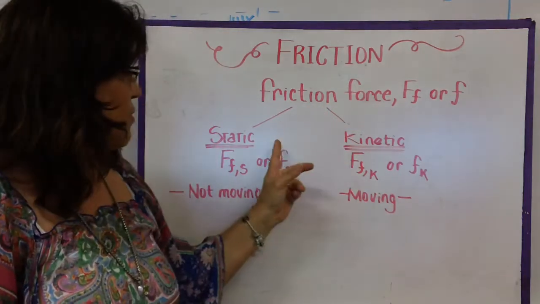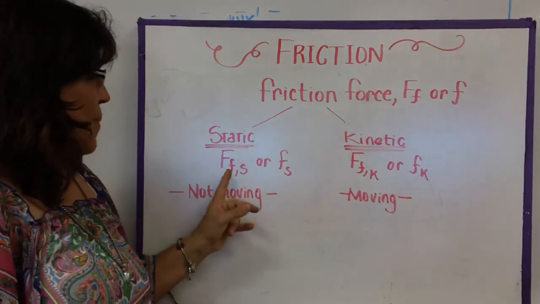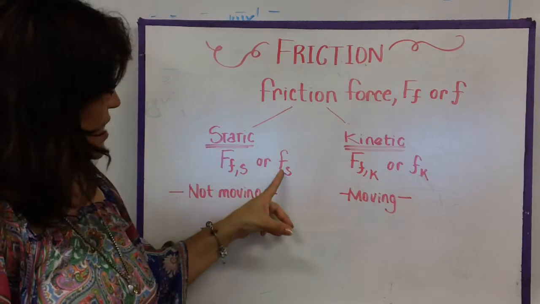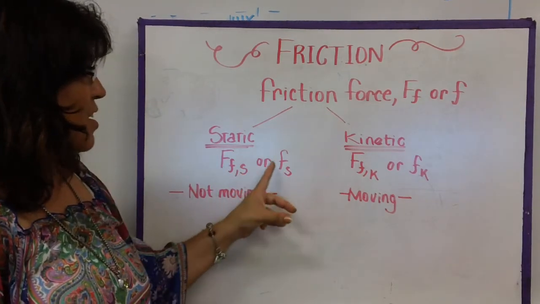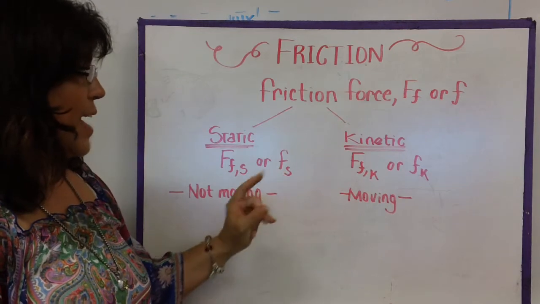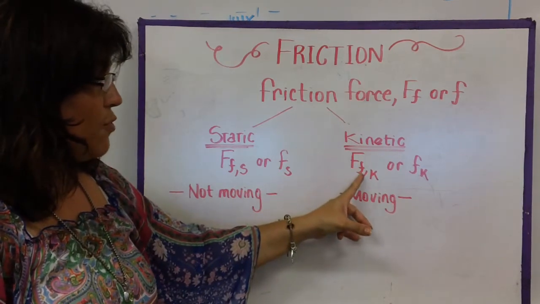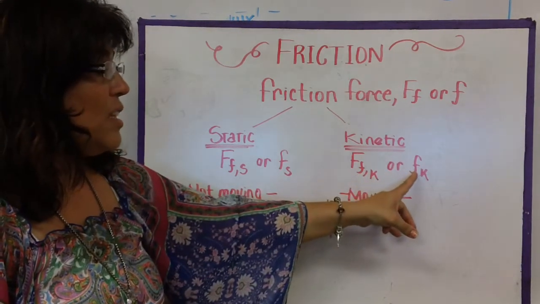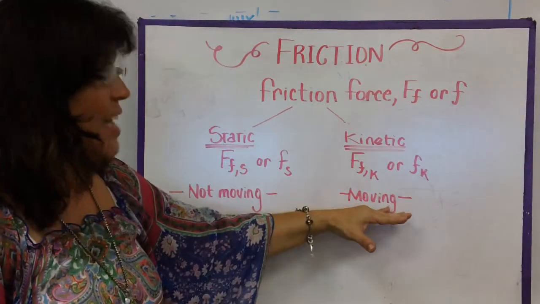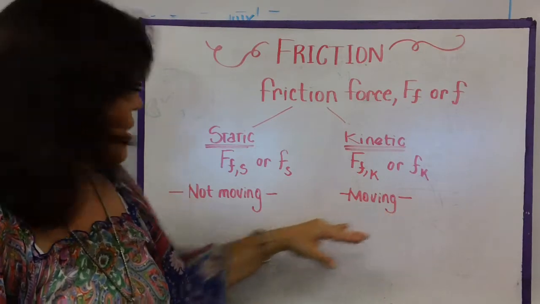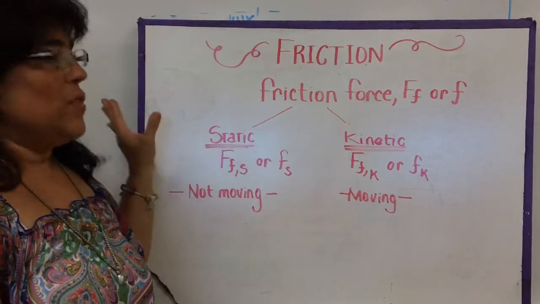So the two types of friction are going to be F, and this is what I told you, maybe it's easier to use a little f, because here we have force of friction static, little fs, and here you have force of friction kinetic, or little fk. Okay, so those are our two types. Kinetic, the object has to be moving, and static, it's not moving at all.